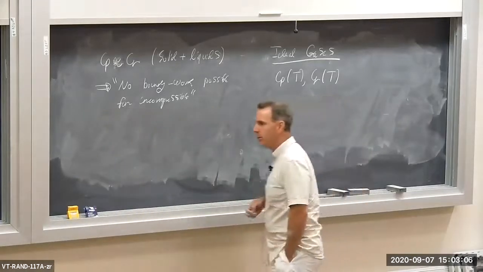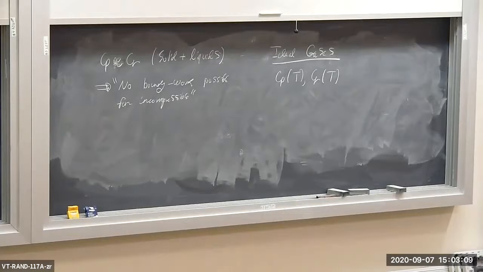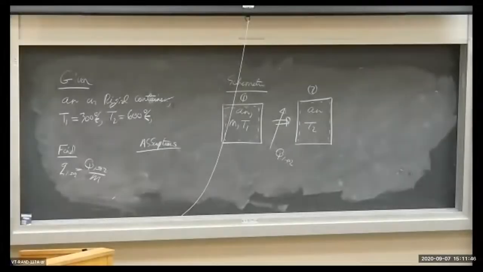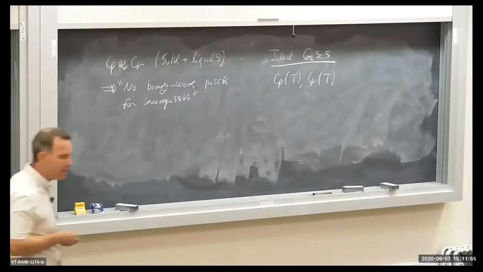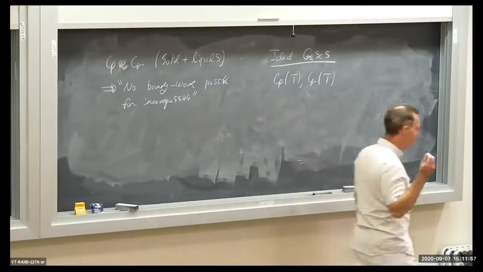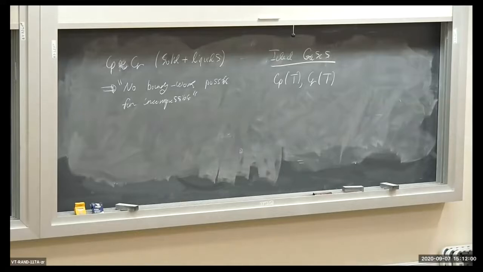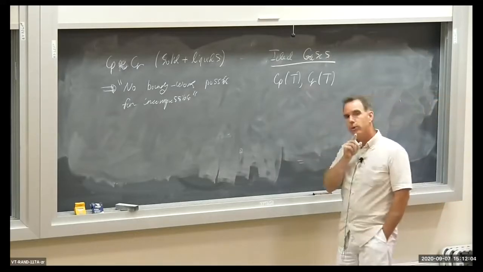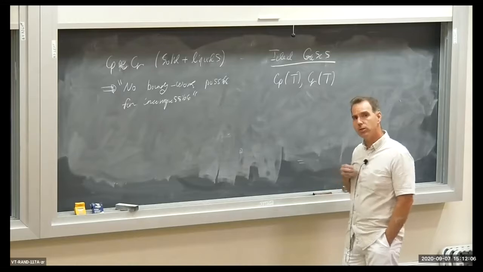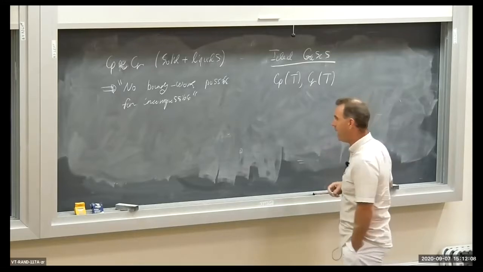Okay, so let's go through and do an example. Before we get started, I realized that I forgot one more thing I was going to say about specific heat when we can assume ideal gas behavior. Besides specific heats being a function of temperature alone, there's a relationship between Cp and Cv that holds only for ideal gases.